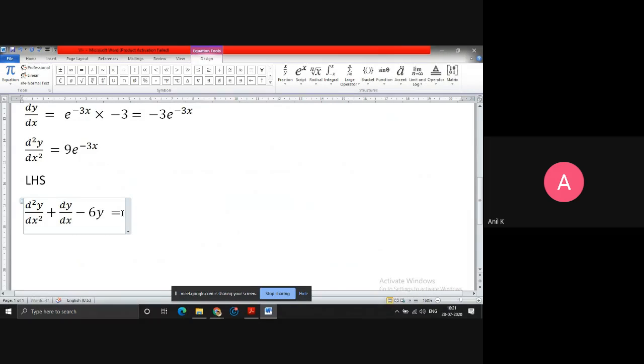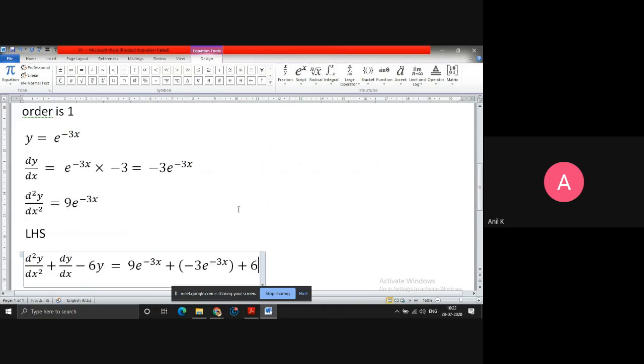So d square y by dx square, I got minus 9 e power minus 3x, plus what you got, dy by dx is minus 3 e power minus 3x. You can substitute plus 6 times of y. 6 times of y is 6 times of e power minus 3x.